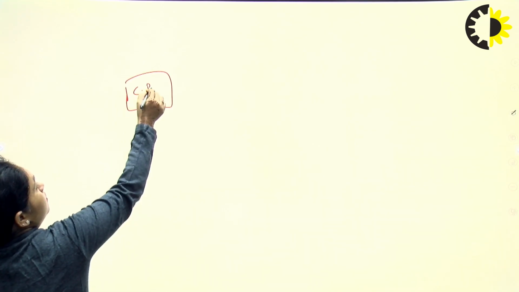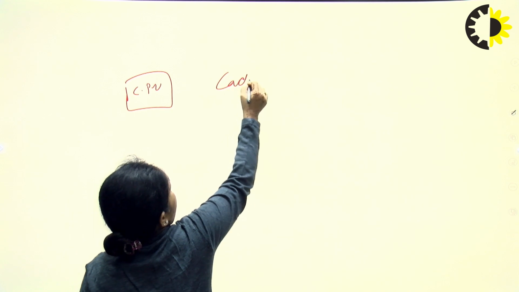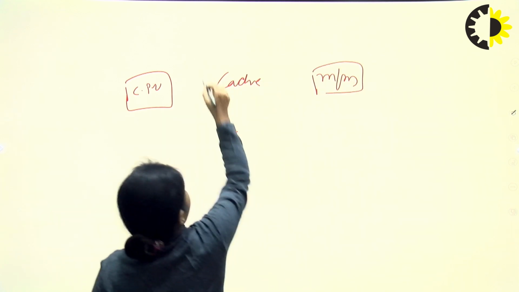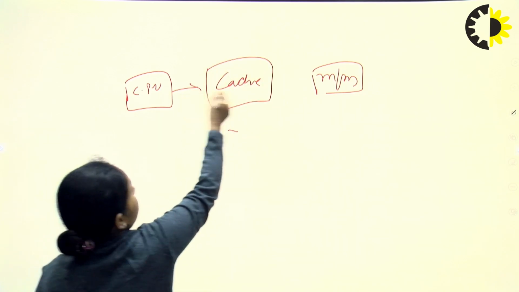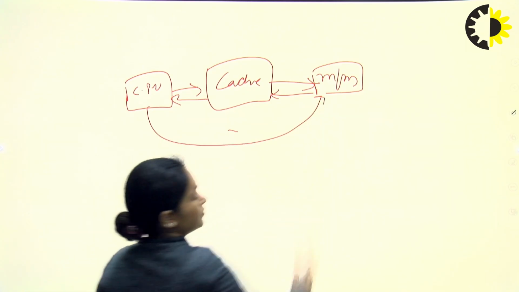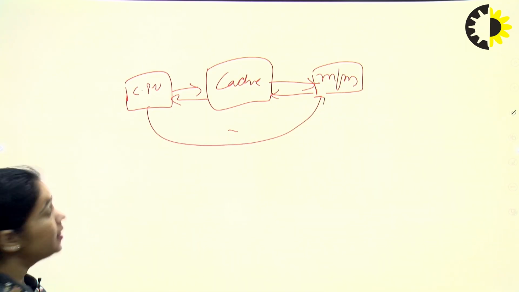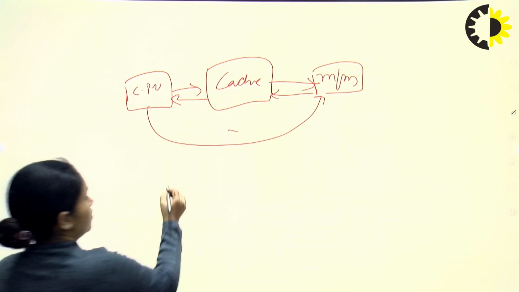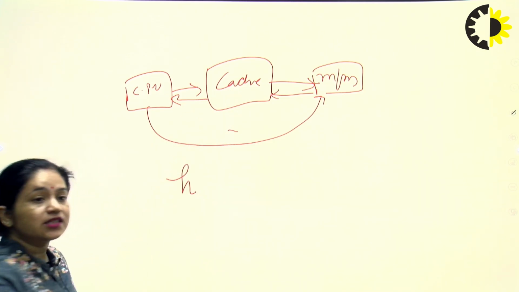Now one more thing which is very important. As I told you, there is a CPU, there is a cache, and there is a main memory. Okay. When there is a hit, it will go to this hit. Now it will have its own access time.